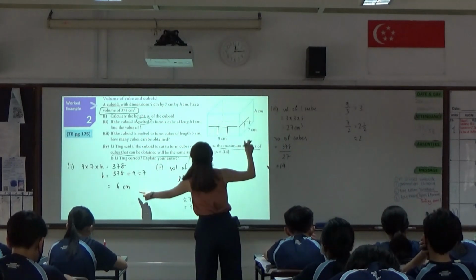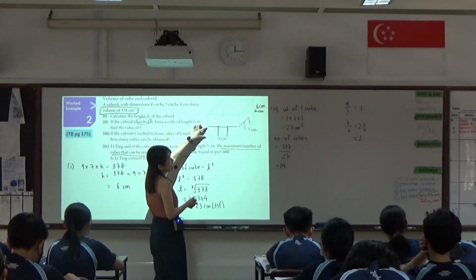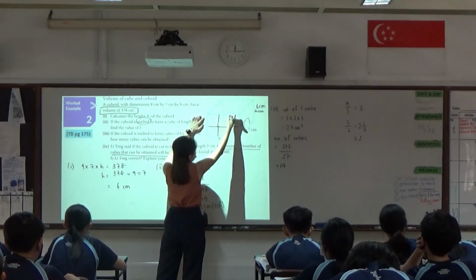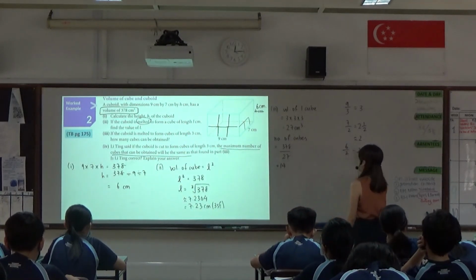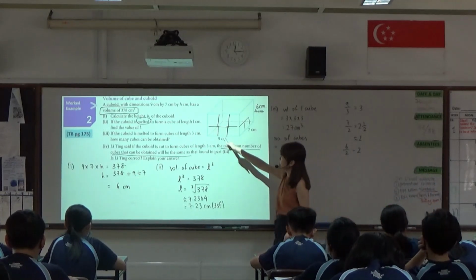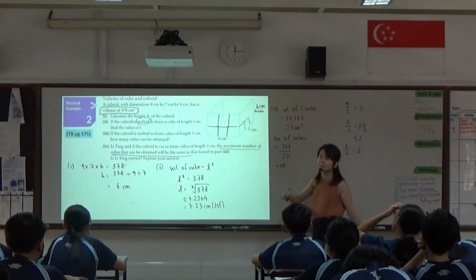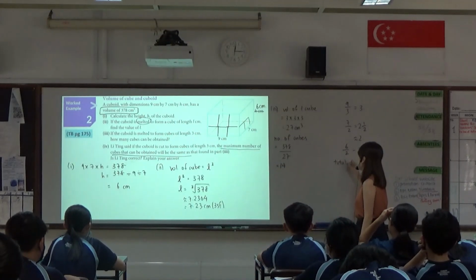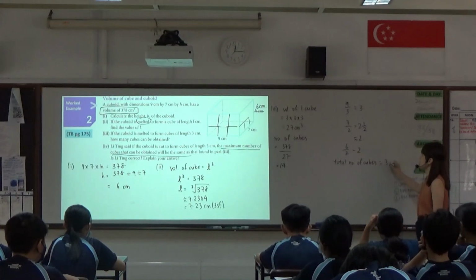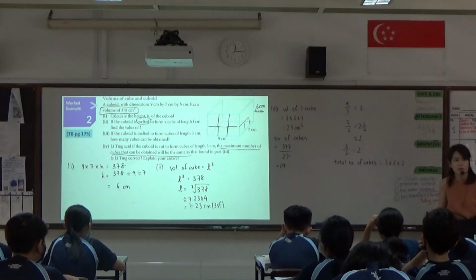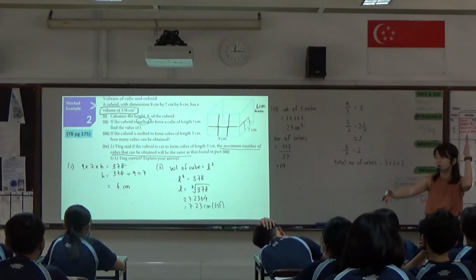Along the height, we have already found that h is actually 6 cm, and each cube has a height of 3. So therefore, I can form 2 cubes along the height. So along the length I have 3, along the breadth I can only have 2, along the height I can have 2. That means my total number of cubes that I can cut out will be 3 times 2 times 2, because 3 along the length, 2 along the breadth, and 2 along the height.